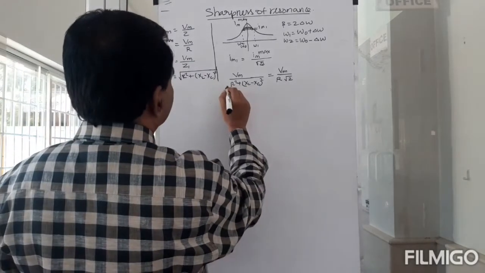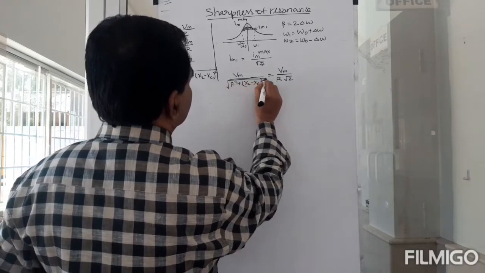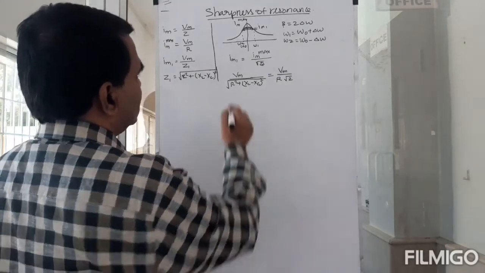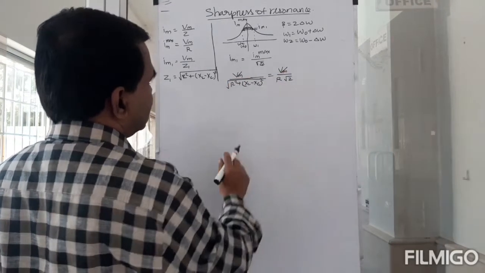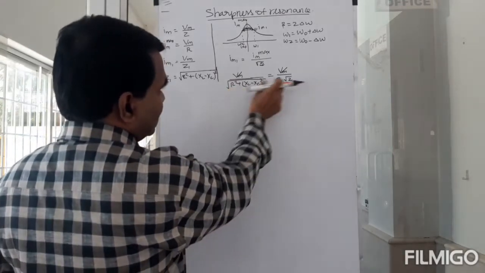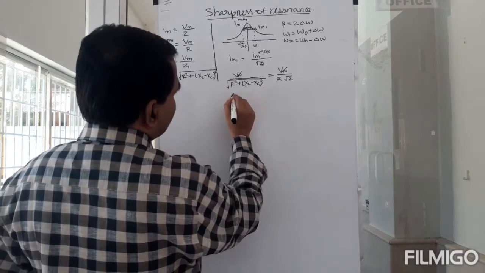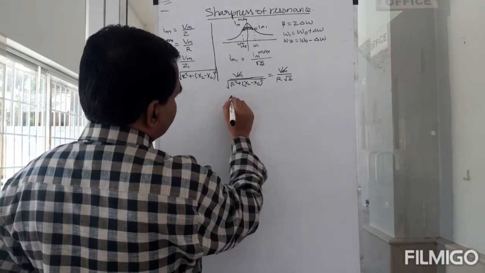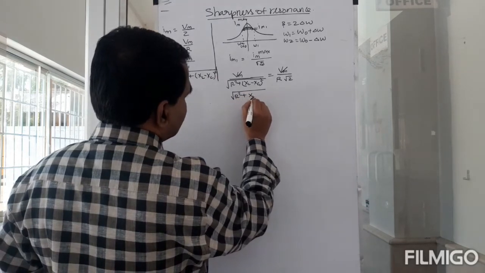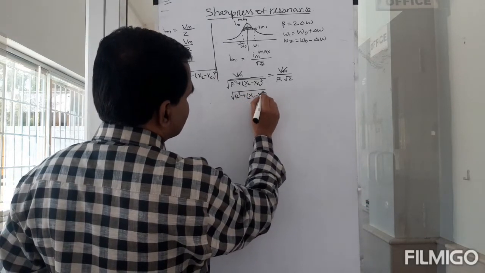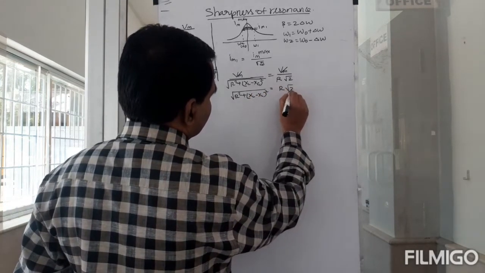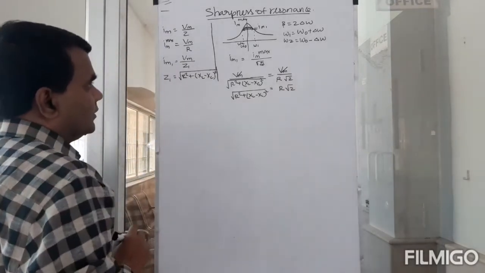I can cancel Vm and take the reciprocal, and then the square root of R squared plus XL minus XC the whole square is equal to R into root 2. So this is a condition I get.